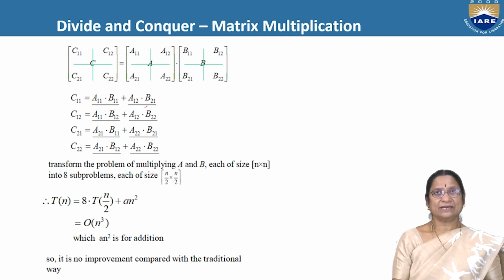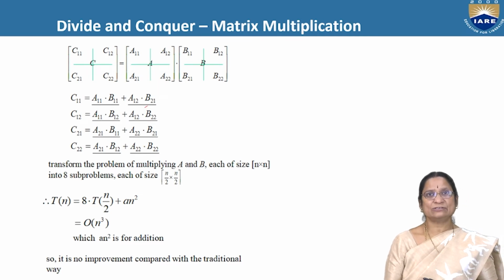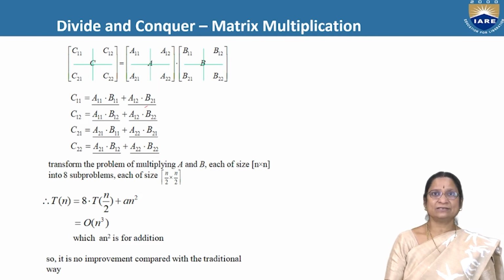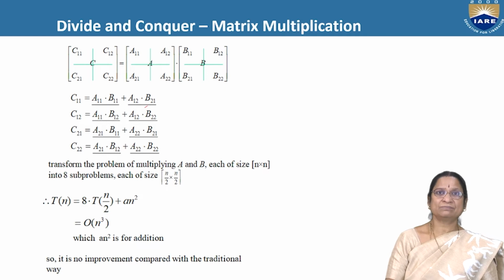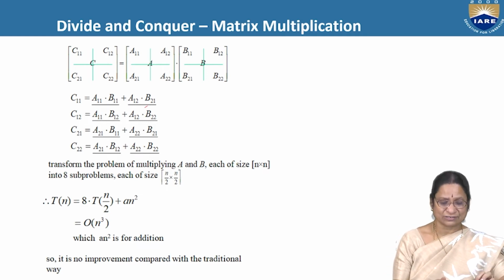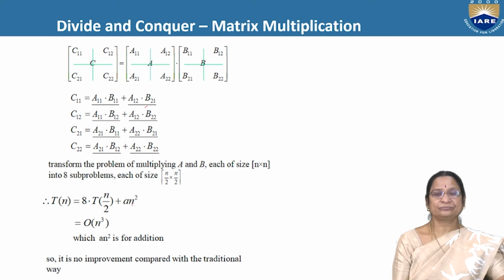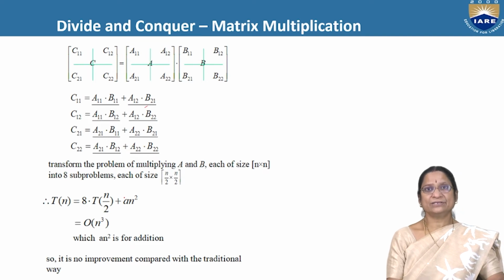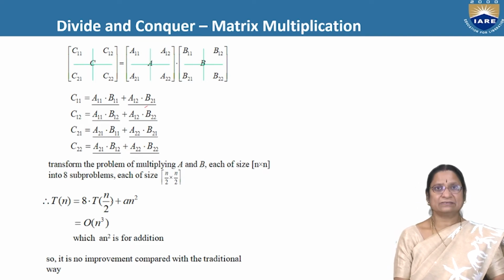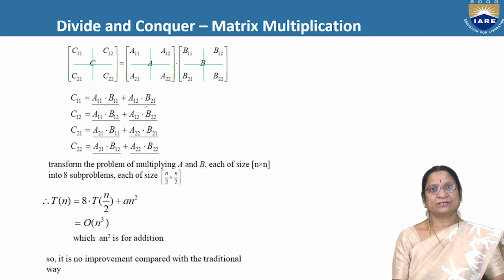So what is the recurrence relation of this? Divide and conquer is a recursive method. Because of this, the recurrence relation for matrix multiplication by using the normal divide and conquer strategy is T of n equals 8 T of n by 2 plus a n square. For T of n by 2, again we will do multiplications, so it will come under n cube only.